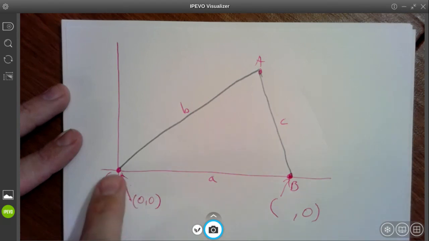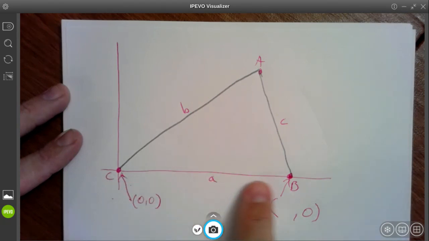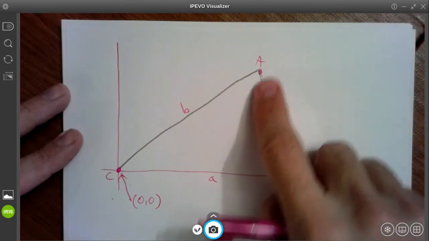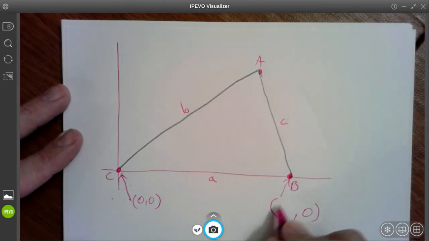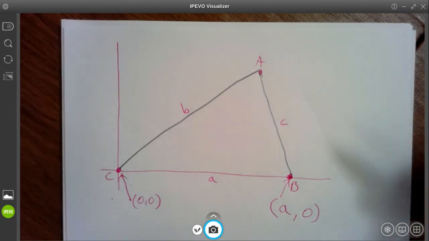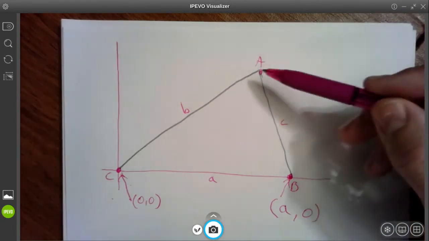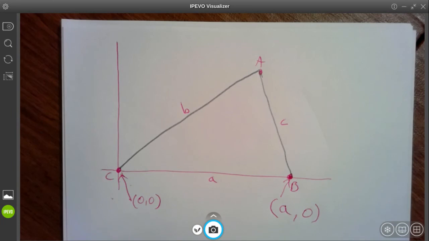The x coordinate is going to be how far along it is this way. Well, that just so happens to match the side length A. I don't know the coordinates for point A. That's going to come later. We're going to figure out the coordinates for point A. And let's see, I think we'll pause right there.